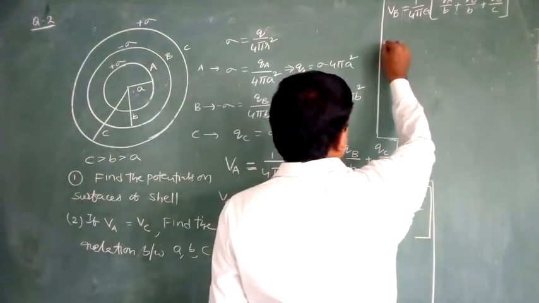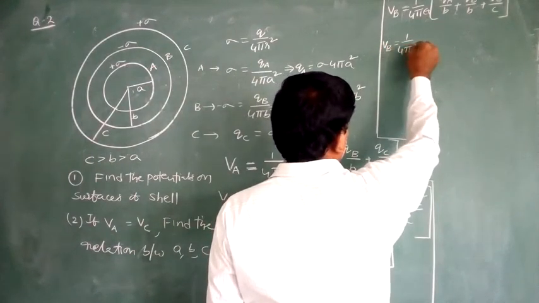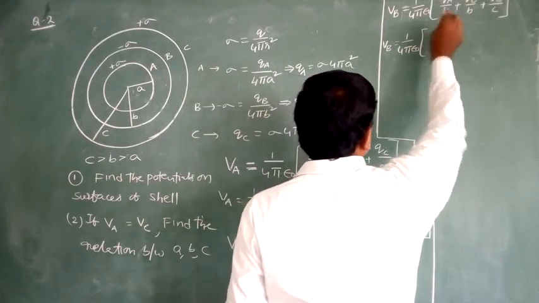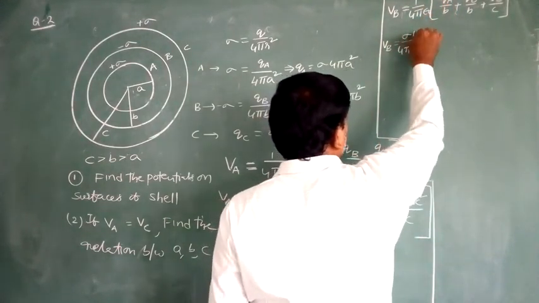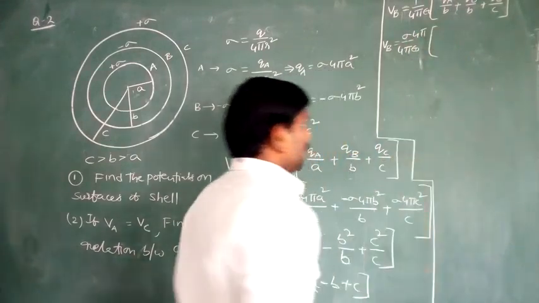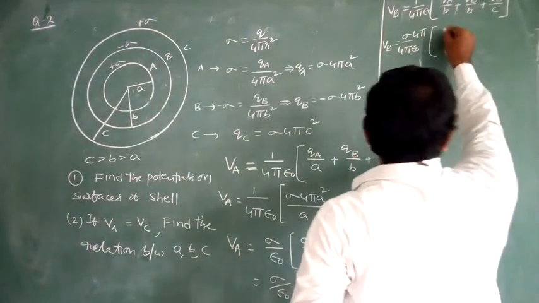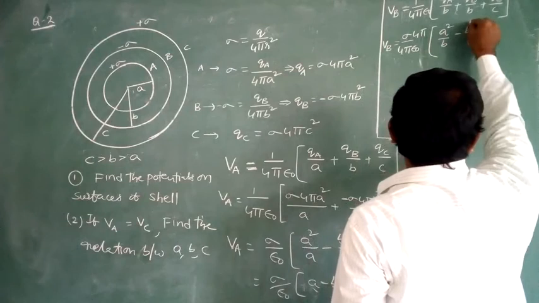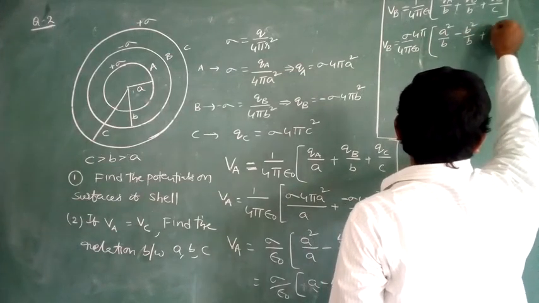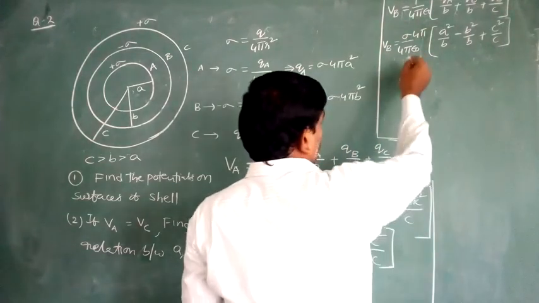So substitute the QA, QB, QC values, 1 by 4 pi epsilon naught into... which one is common? Sigma into 4 pi is common. So right now here we are getting A square by B, next one minus B square by B, plus C square by C. 4 pi cancels.